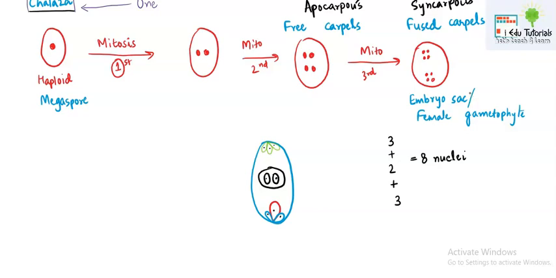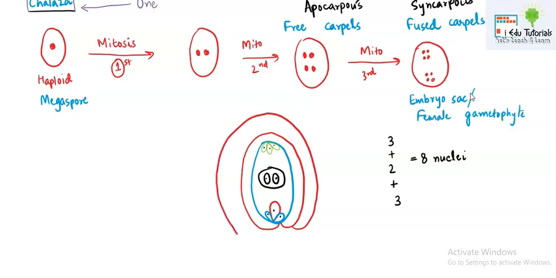Now when this female gametophyte develops a wall around it, it will be known as an ovule. You can see that I am drawing the cells. This outer wall will be known as the outer integument. Just inner to it will be the inner integument.